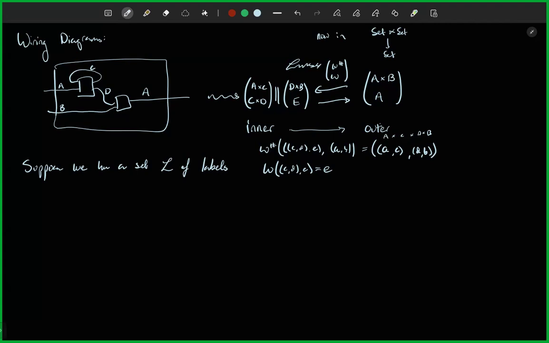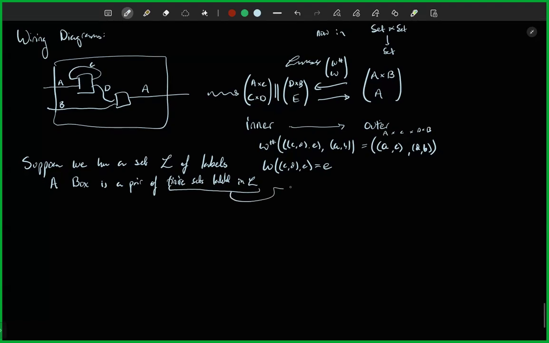And let's look at what the actual combinatorics of such a diagram is. So let's define a box. So a box is a pair of finite sets labeled in L. By this, I mean a set X together with a labeling function to L.